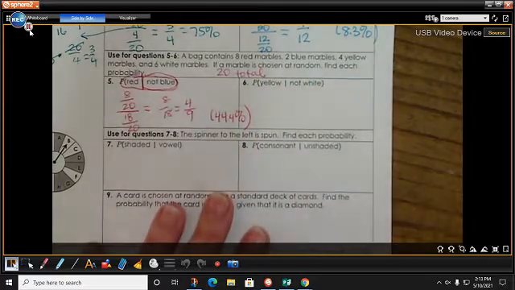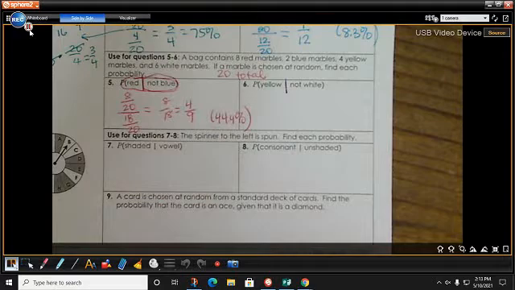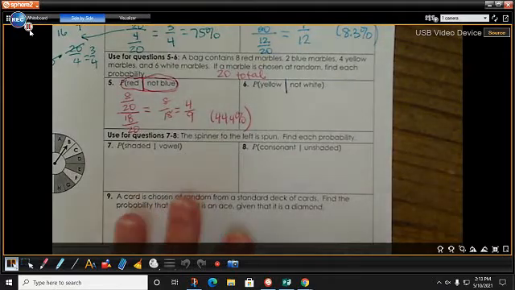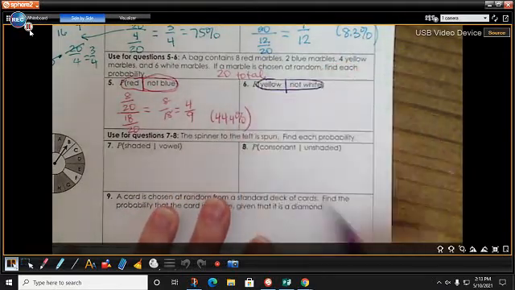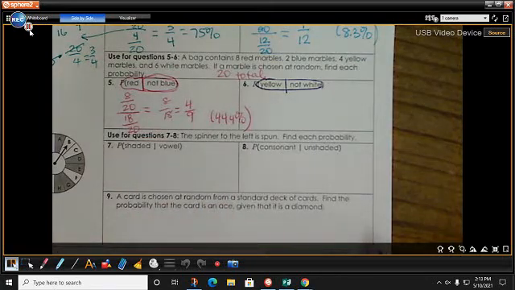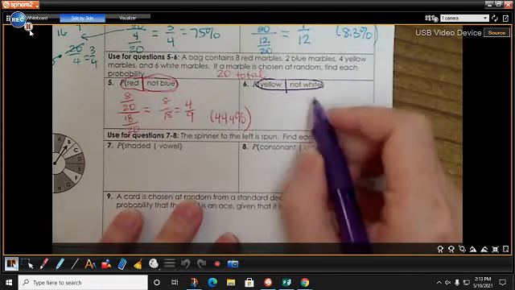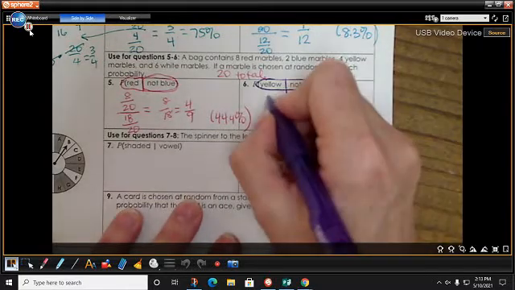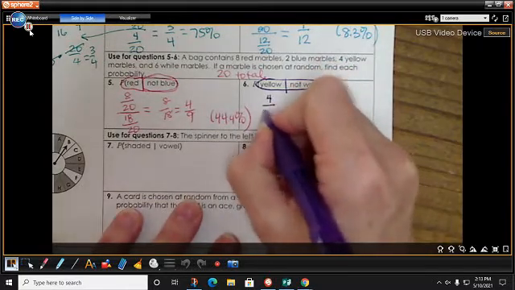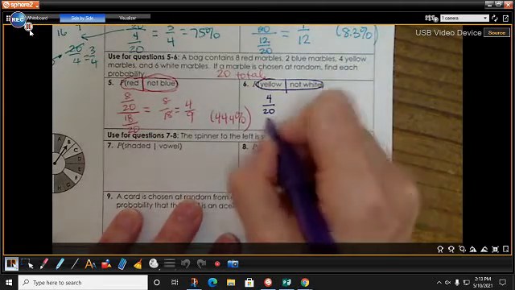For number 6, my probability of getting a yellow, given that I did not draw a white. And so you think, okay, what is my probability of both these things occurring simultaneously? Well, I have 4 yellows, and how many of those are not white? All 4 of them. So I have a 4 out of 20 chance of being yellow and not being white.